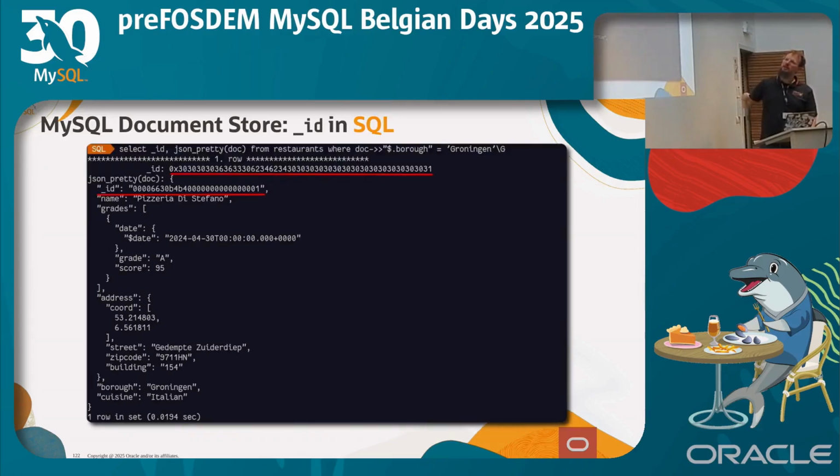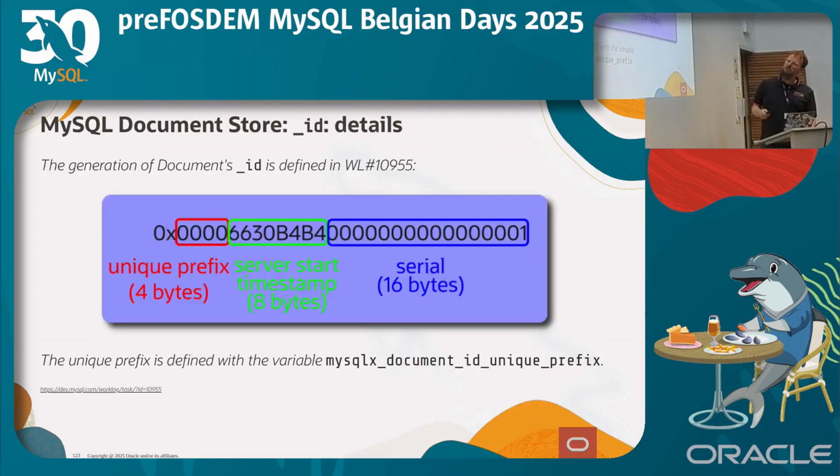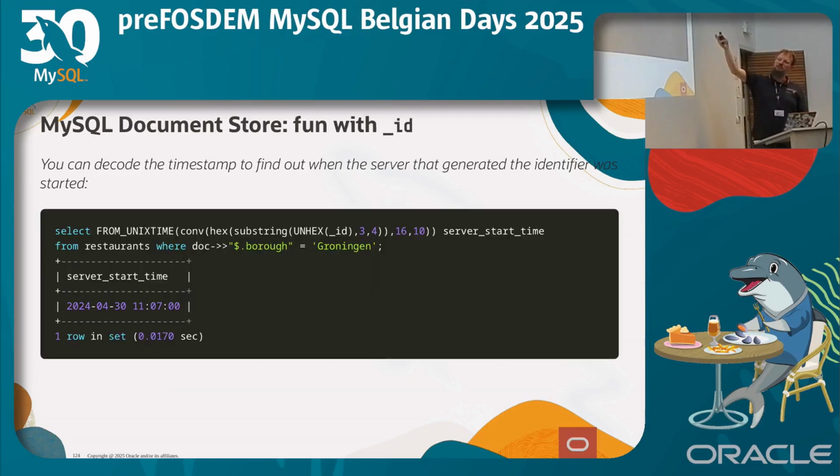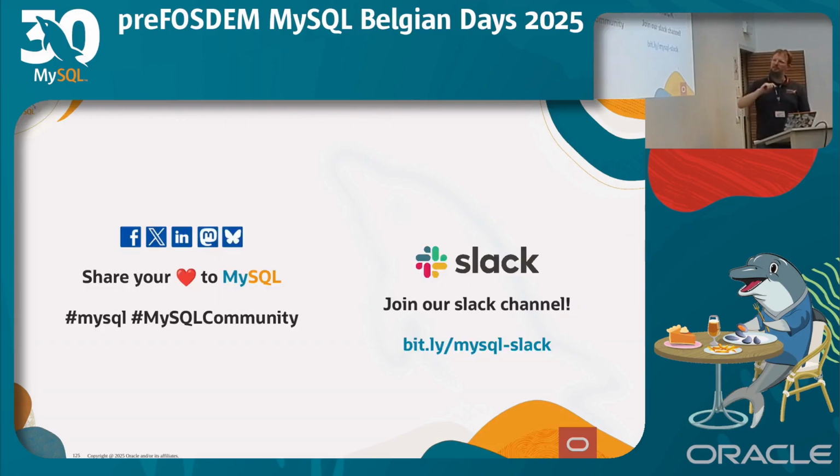And here again, this is about returning the UUID. So this is how we use them to make them also serial. Because the first time when we went out with that, it was completely random. And I said, oh, we will have an issue with that. So we fixed this by having a unique prefix, a timestamp, and a serial there. And if you are using document store, you can also know when your IDs were created.